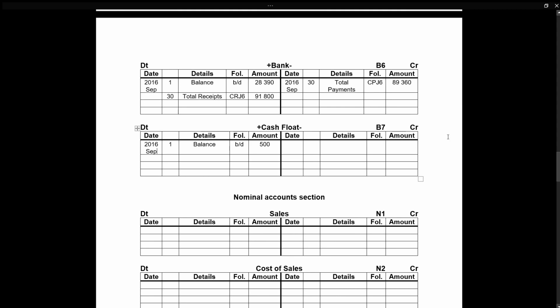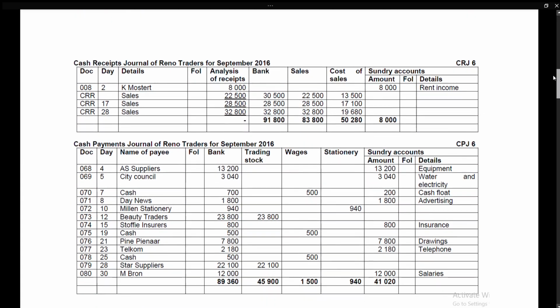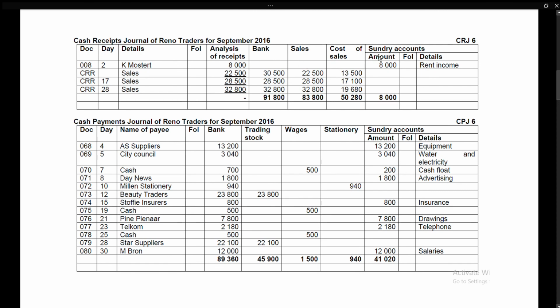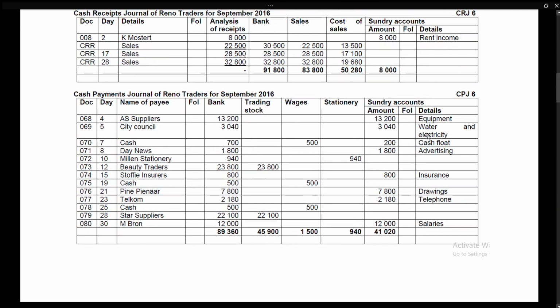Right, did we have any transactions during the current month? Let's go and have a look. We did not receive any money in our cash float. You will not necessarily receive any money in your cash float since you are giving away change to your customers. Right, so cash float, there we put money into our cash float to the amount of 200 Rand.